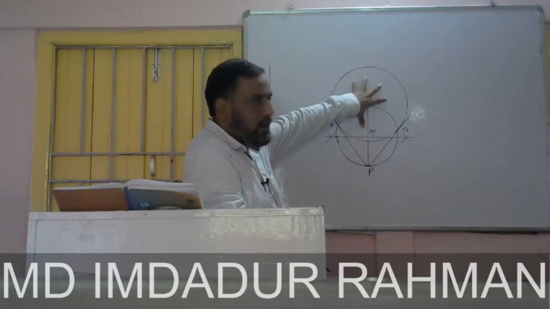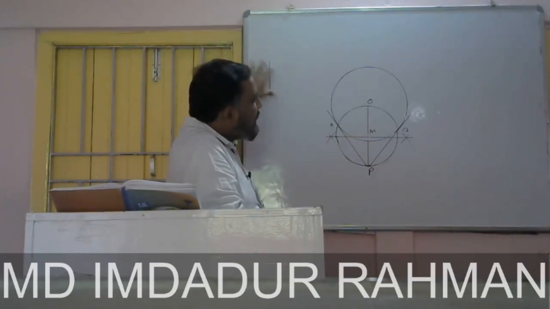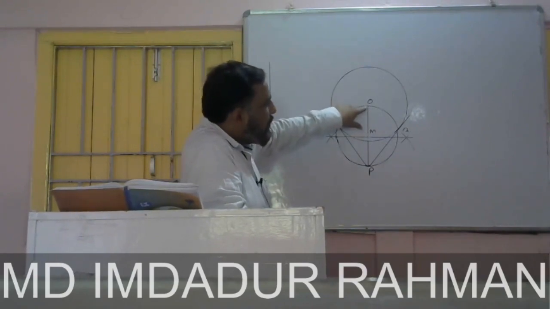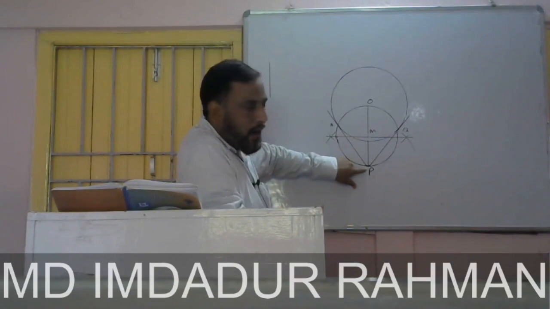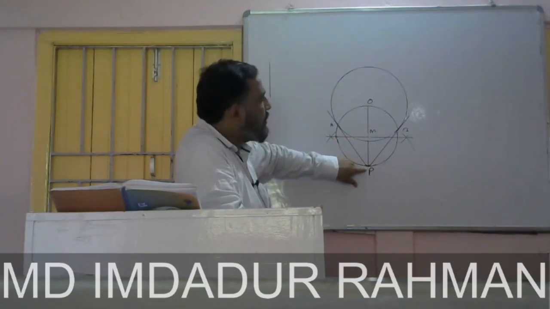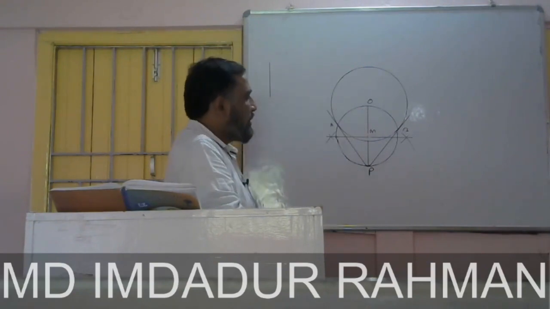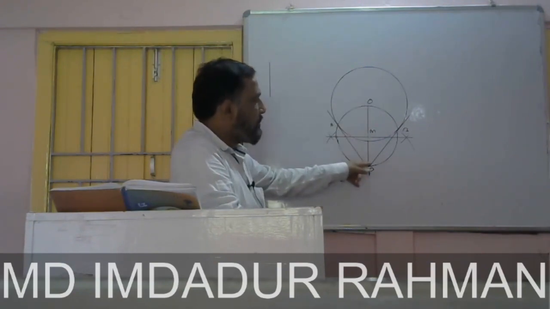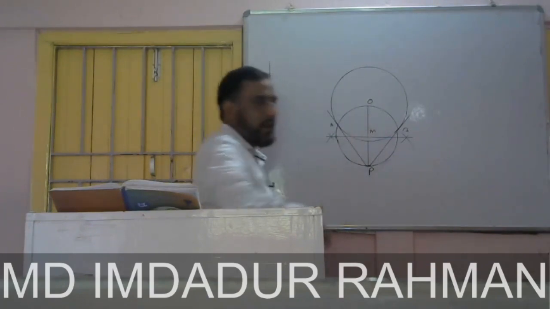At first we draw a circle of the given radius 6 centimeter. Then we draw a point P outside the circle, which is at a distance of 10 centimeter from the center. Now we will find out the midpoint M of this length OP.